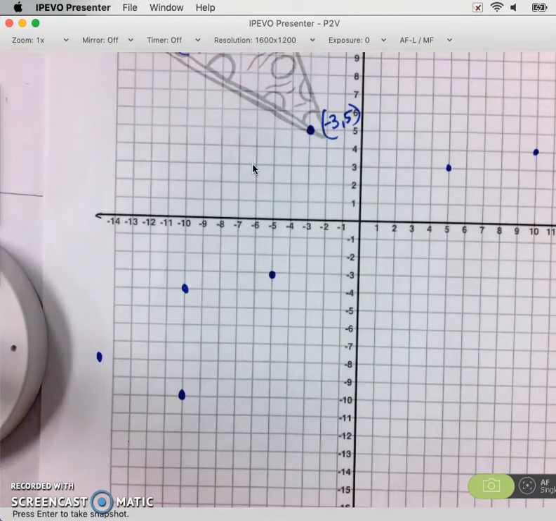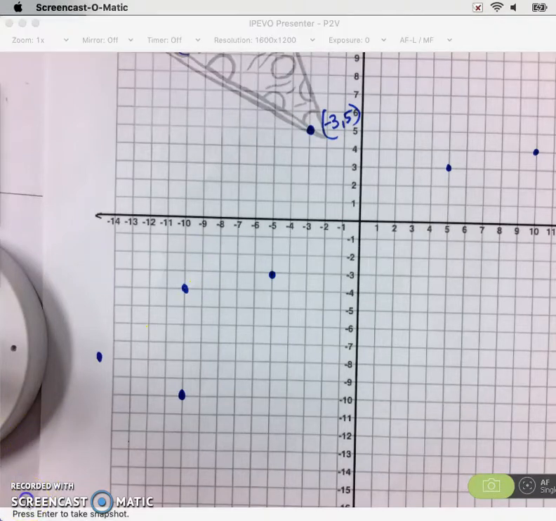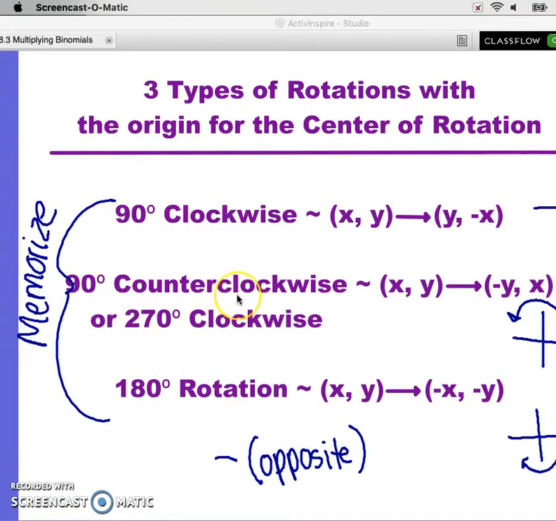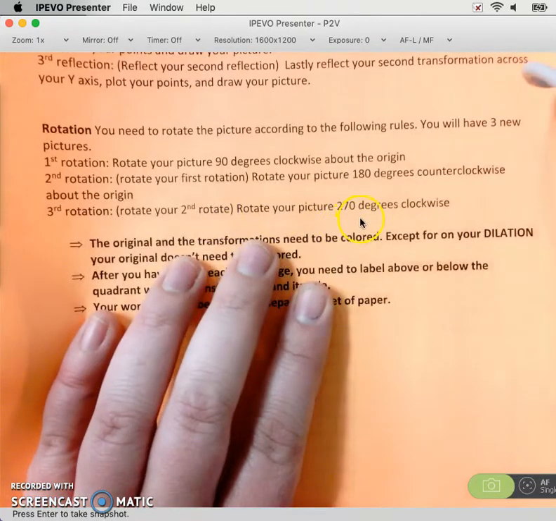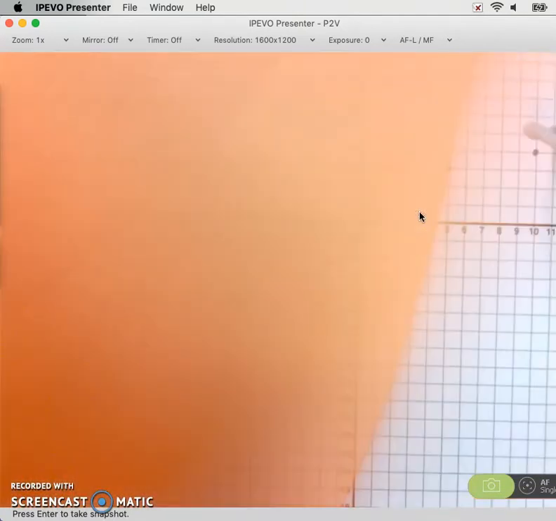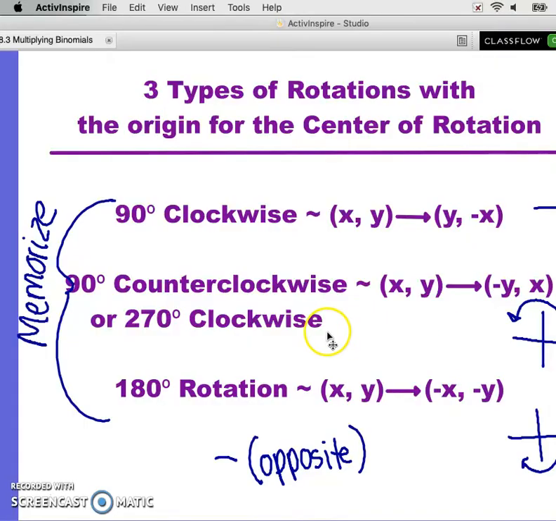So I'm going to stop my video. But my second one here is 90 degrees counterclockwise, and the third rotation we are asked to do on here is rotate your second rotation 270 degrees clockwise. So 270 degrees clockwise is the same as 90 degrees counterclockwise. So instead of making our x the opposite, we make the y the opposite.